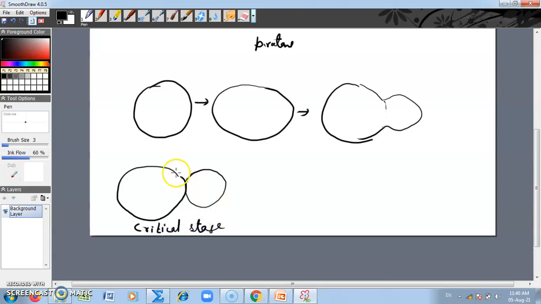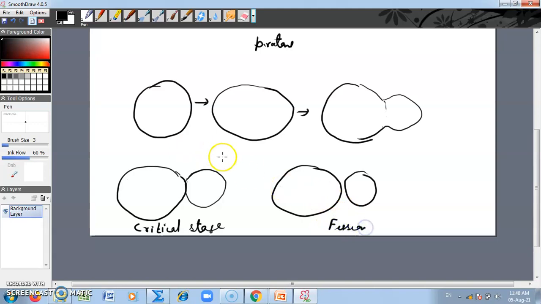So after reaching this stage, if the vibrations continue, what will happen? Then it will break into two parts like this, and this is nuclear fission. So they get separated, and this is fission.